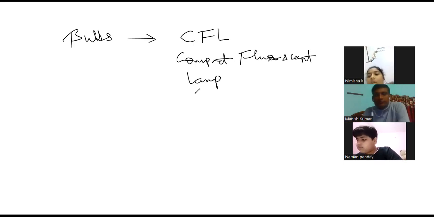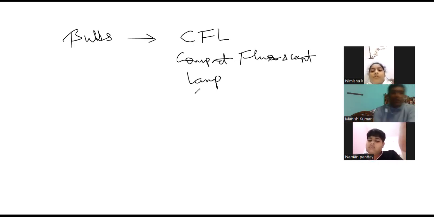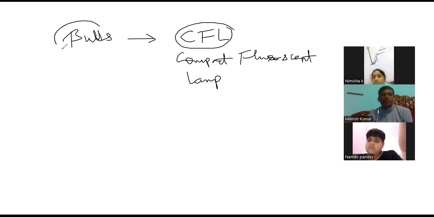So what is the meaning of fluorescent? Fluorescent means it emits light. If we are telling that a device is fluorescent, it will emit light. Now these CFLs are such circuits which are used today. And why are they used? Why not bulbs?